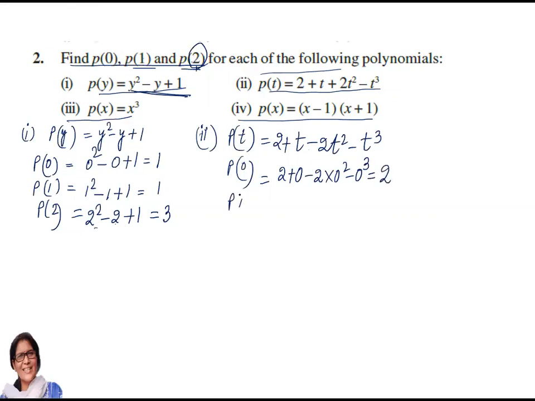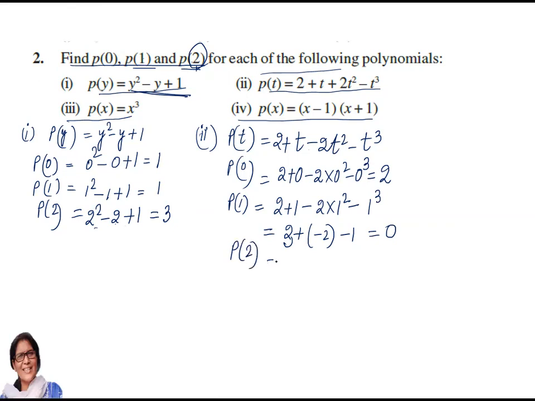Next I'll go for P1. Same, in place of t, I'll put 1. So 2 plus 1 minus 2 into 1 square minus 1 cube. So this will be 2 plus 1, that is 3. This will be minus 2 minus 1. How much you are getting? You are getting 0.